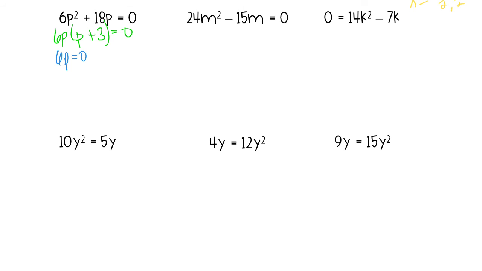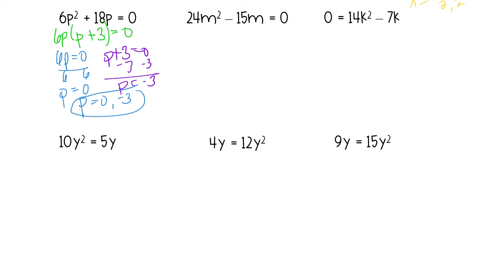And I set the second term equal to 0, which is p plus 3. And then we solve. Subtract 3. I've got p is negative 3. Or divide by 6. I get p is 0. So our solutions, p is 0 and negative 3.